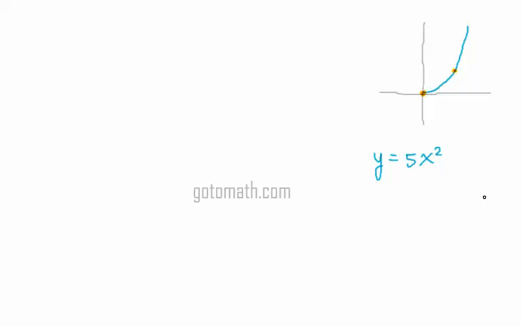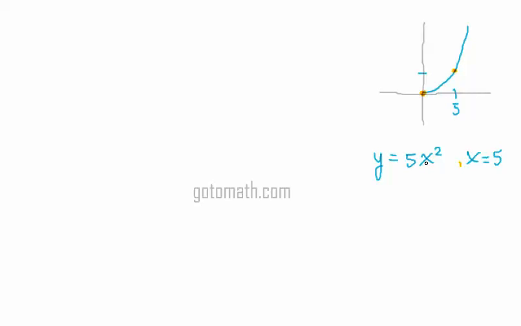Some of the things they gave us that we'll need to write down: x is equal to 5, at x equals 5. So 5 is right here. To get this exact point, we need to know its y value, and we'll plug it directly in right here. Obviously this graph is not to scale.